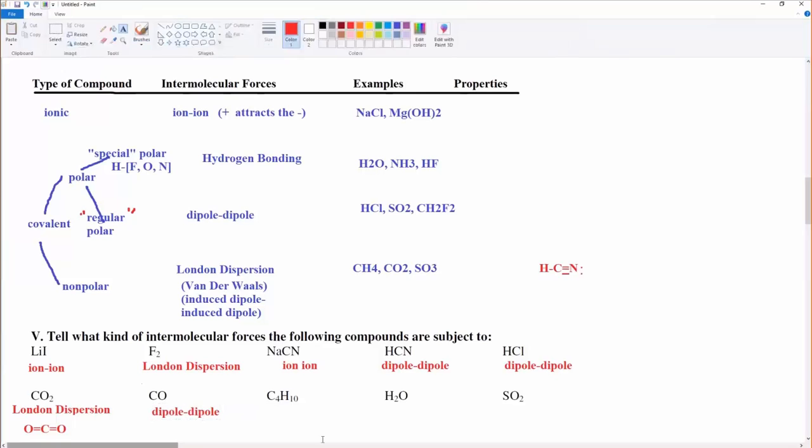Good. C4H10. Oh, do I have to write that whole thing out? What do you guys think about that? Sarah says nonpolar. Did you have to write it out, Sarah? Sarah says, no, I don't have to write it out to determine that it's nonpolar. Because why?